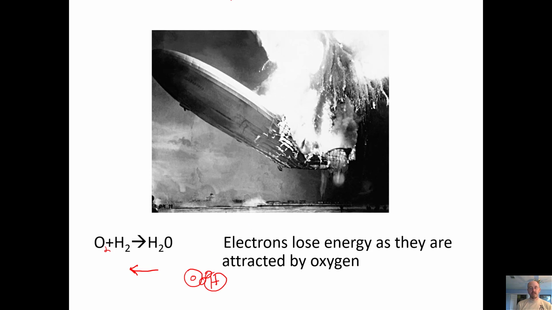I'm going to give you a word here that we'll use again later. Oxygen is very electronegative, meaning this. If you measure something's electronegativity, it's a measure of its affinity for electrons.